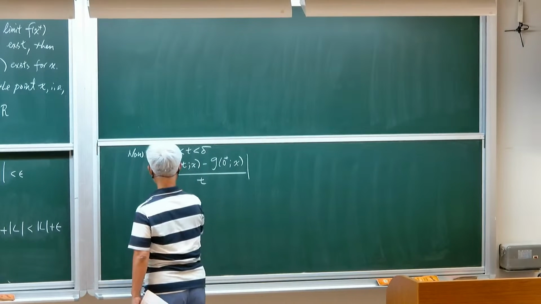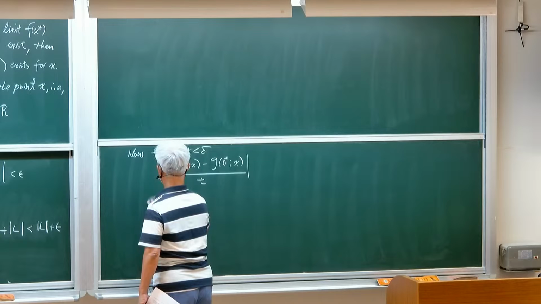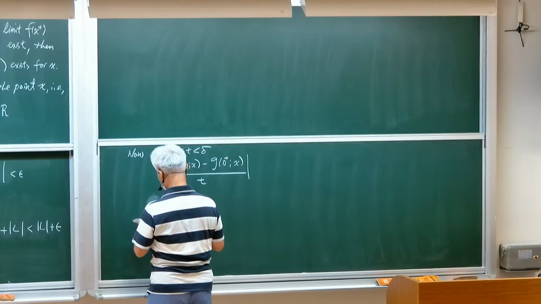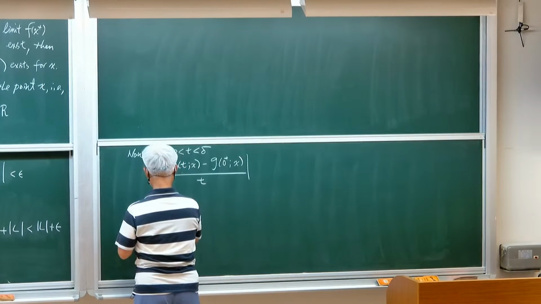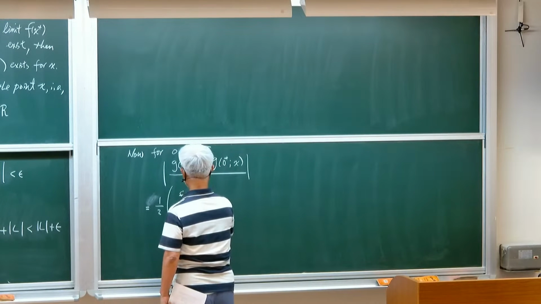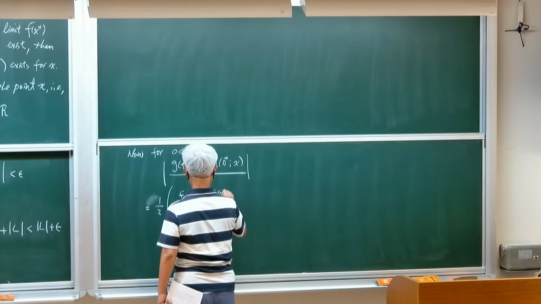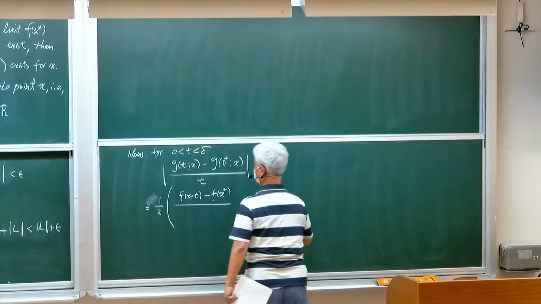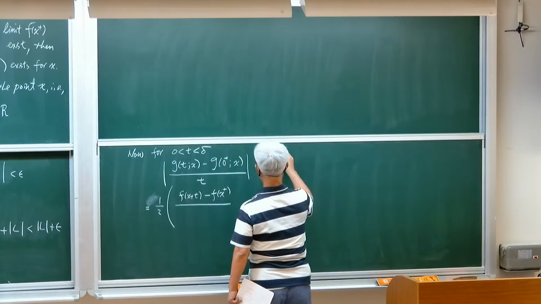And you can see that the g function has 1/2 here. So f(x plus t) minus f(x). Probably I should write it down.